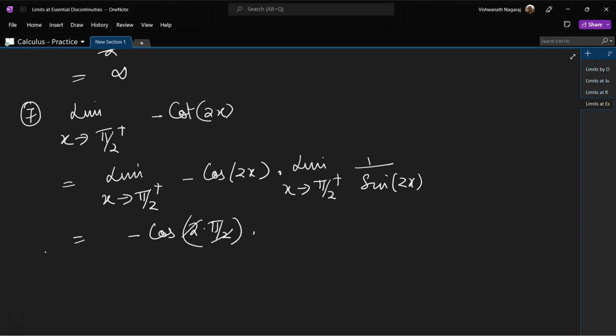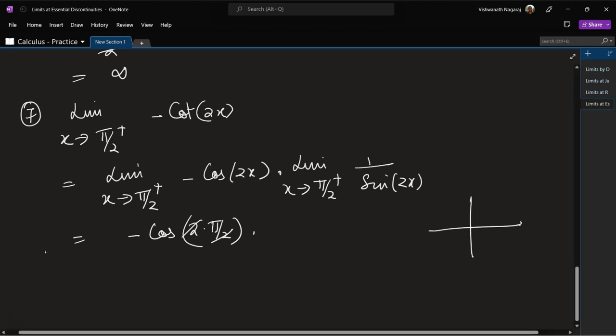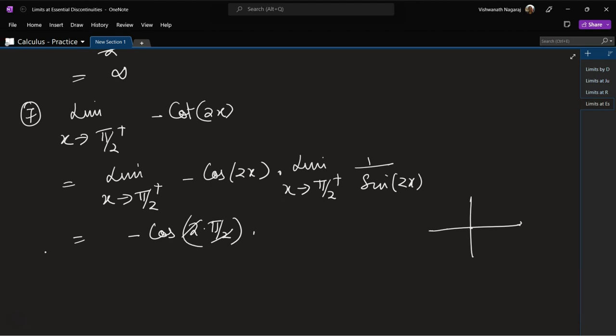Okay. So that is taken care of. Now let's look at this. Now this is going to be a little bit different. Sine 0 is 0, and the graph is going to go like this. So now what happens? Pi by 2 is going to be here from the positive side.